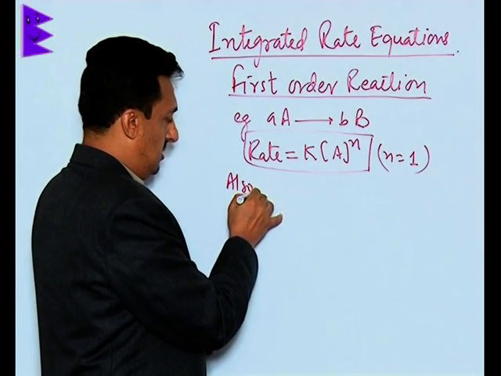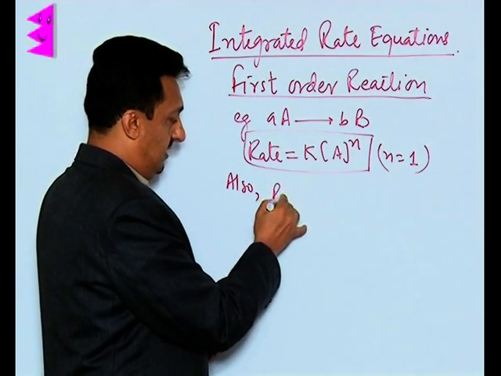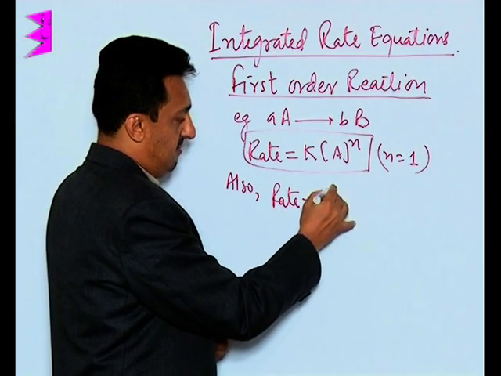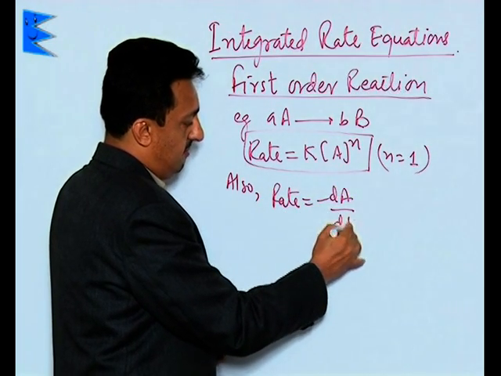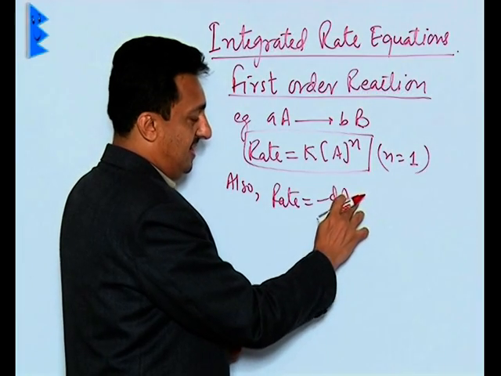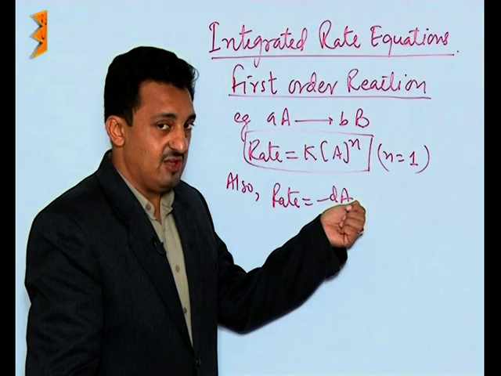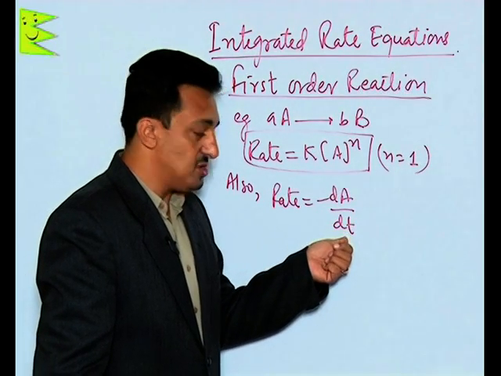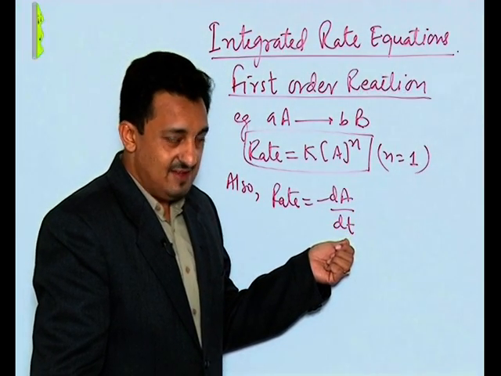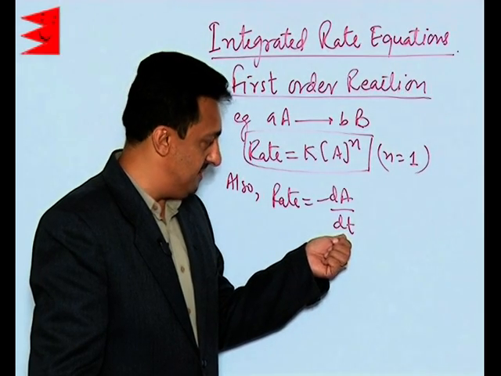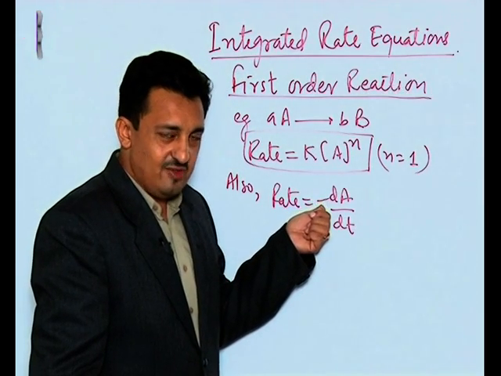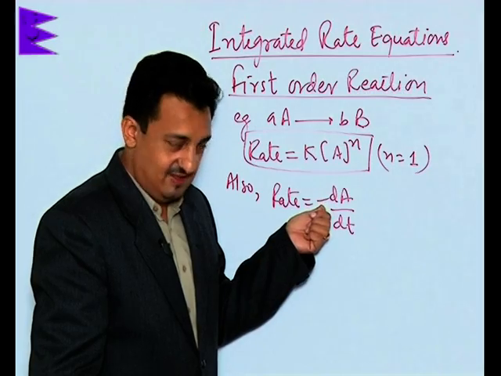Also, we know that the rate can be written as -d[A]/dt, where this d[A] is again the small change in the concentration of A for the small time interval delta t or dt. This negative sign shows that the concentration of A is decreasing.